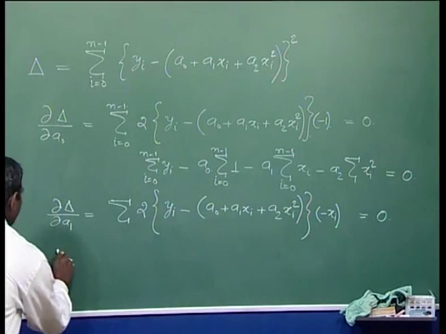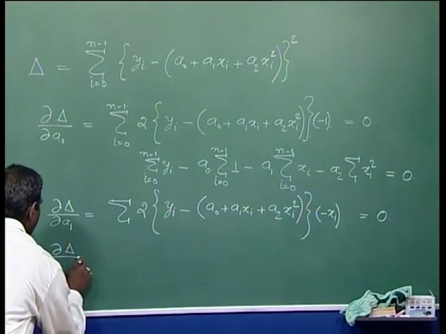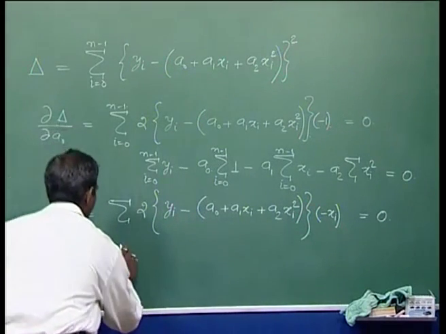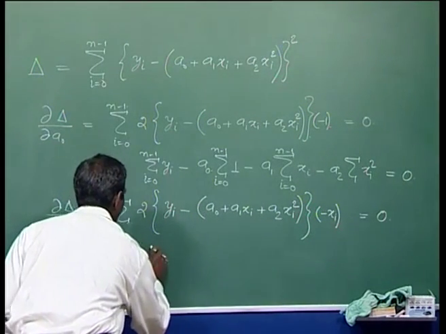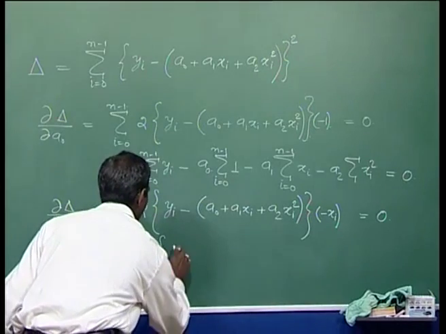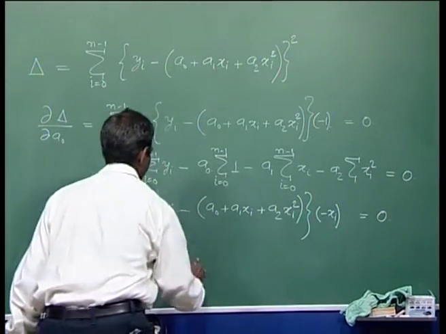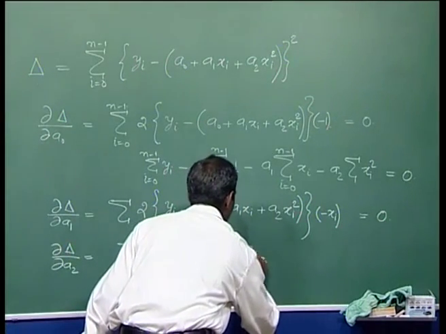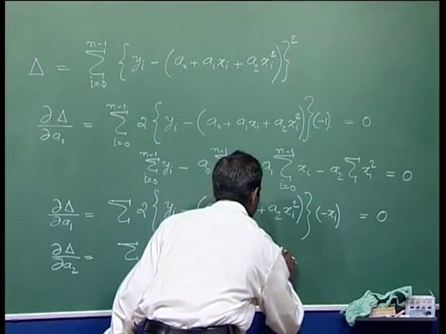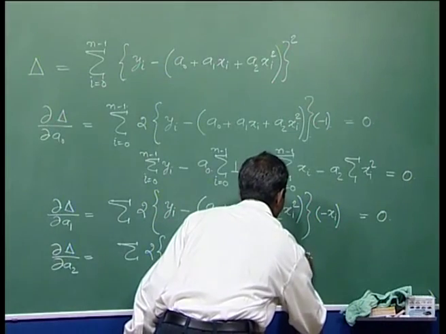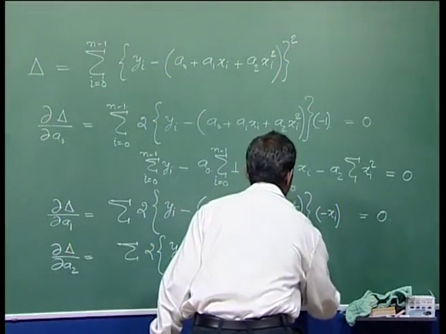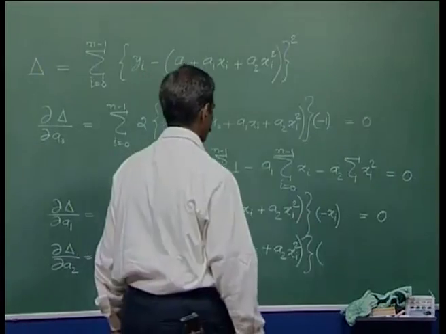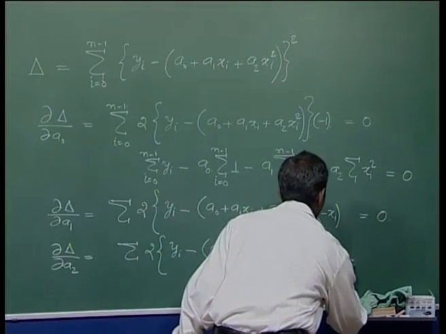Likewise, partial capital delta over partial A2 will be equal to summation 2 times yi minus A0 plus A1 xi plus A2 xi squared, times 2 xi.